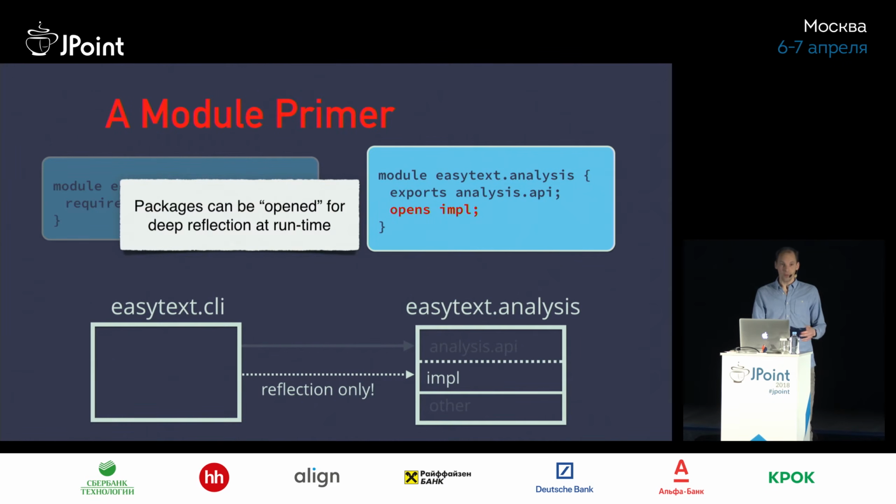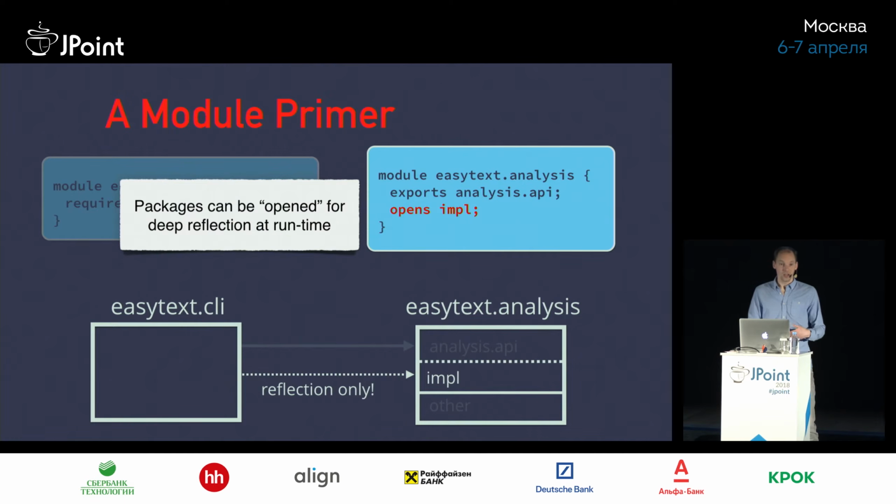An open package is in between in that at compile time, you still cannot access anything that's in the impl package in this case. So you cannot, as a developer, code against any types that are in the impl package statically at compile time. But at runtime, things are a bit more lenient. And the JVM will allow other modules to gain access to types inside of the impl package, for example, to instantiate them reflectively.